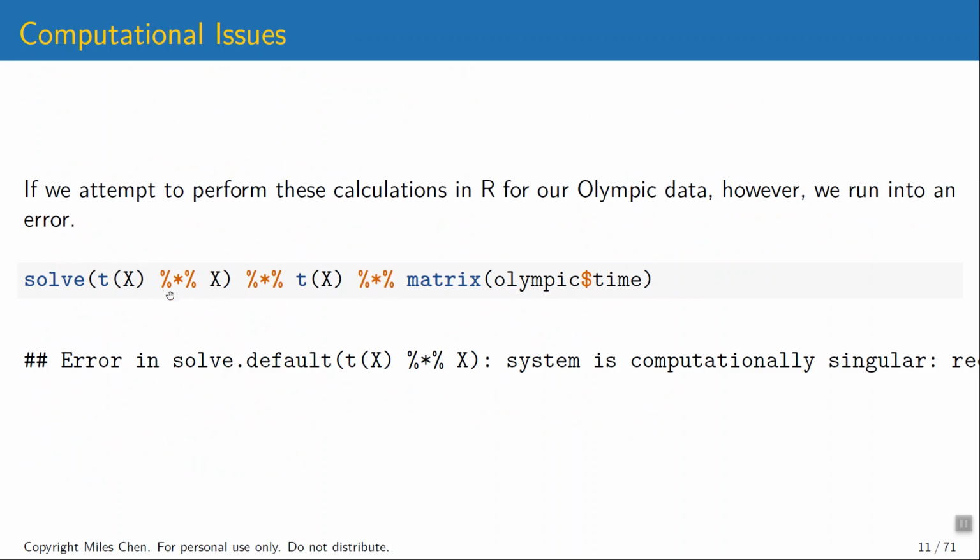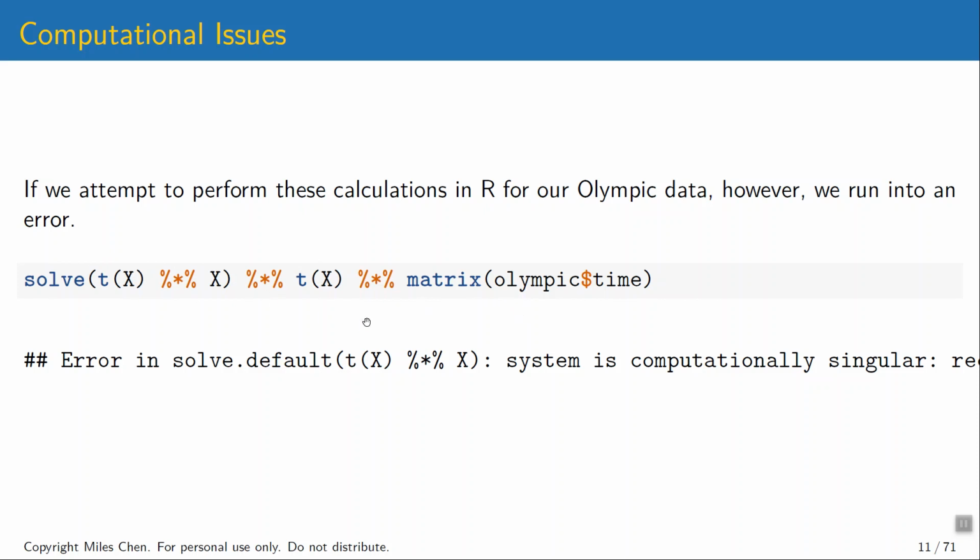We throw that into solve. X transpose X is what we have here: you do transpose of X times X, and then to invert that, you do solve. That's R's way of finding a matrix inverse. Then we multiply that by X transpose times the response T, but we throw it into a matrix to make sure that it becomes a matrix.